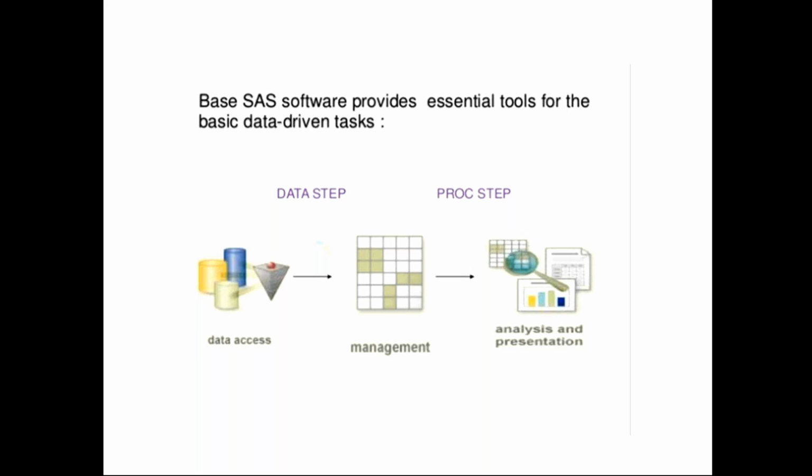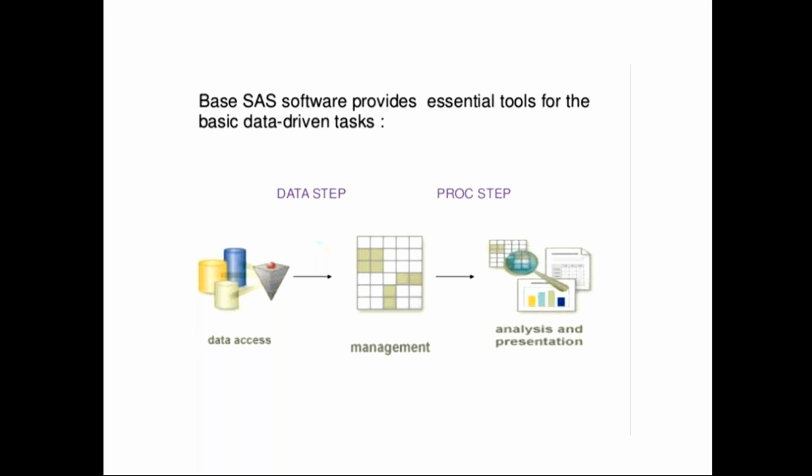What a procedure does is basically any sort of analysis on the data. Say for example, you have a column which says salary, and now you want to calculate the standard deviation, mean, median, mode of the salary. Proc step is used because we want to do a sort of analysis on the column. Any kind of analysis is done using proc step.